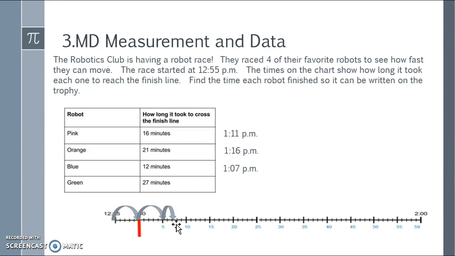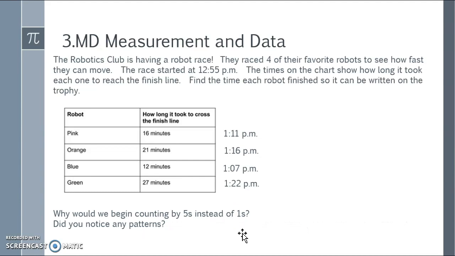So this would be 1:07 p.m. The green robot finished in 27 minutes. So we need to count by 5s: 5 minutes, 10, 15, 20, 25, 26, 27 for 1:22 p.m.